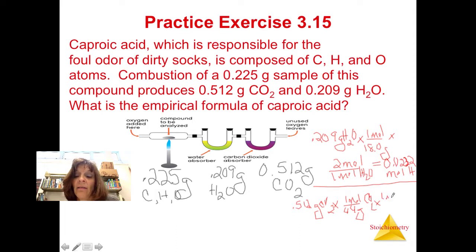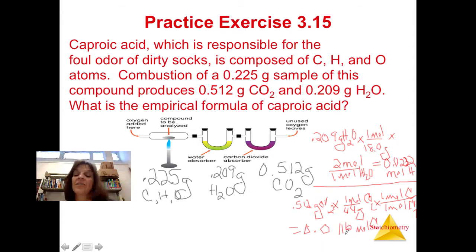There's 1 mole of carbon for every 1 mole of CO2. So that gives us, previously calculated, 0.0116 moles of carbon. That's really interesting.